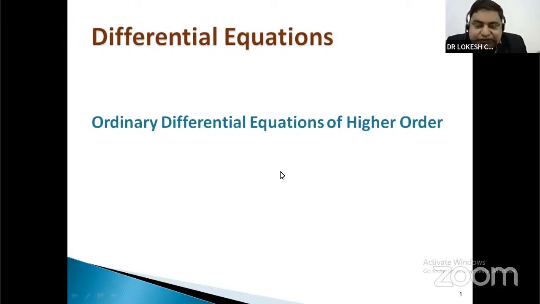So the basic definition I have given is that we have an equation which contains an unknown function and its derivatives, which we have to determine from the equation. We say it is ordinary when the unknown function has only one independent variable. If the unknown function has more than one independent variable, it is called a partial differential equation.